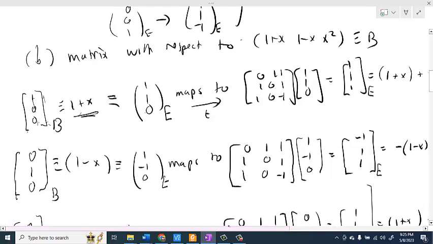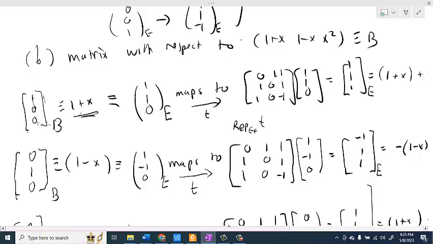Right. So, what does the second basis vector in basis B map to? 0, 1, 0. What's 0, 1, 0? In polynomial form, it's 1 minus x. In standard basis, it's 1, minus 1, 0. Under T, that maps to, I use my matrix representation, right? This is rep E of T, and this is times 1, minus 1, 0.